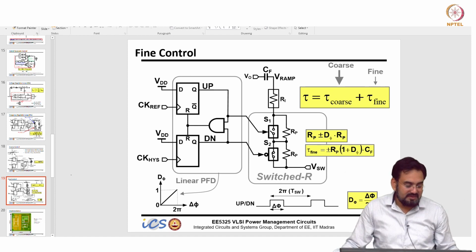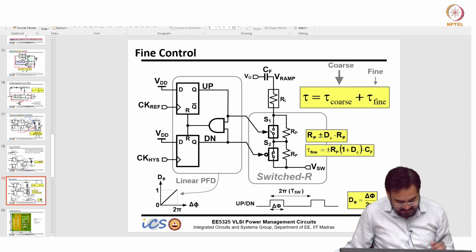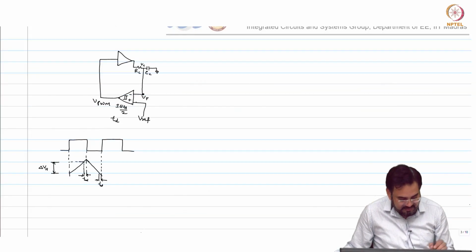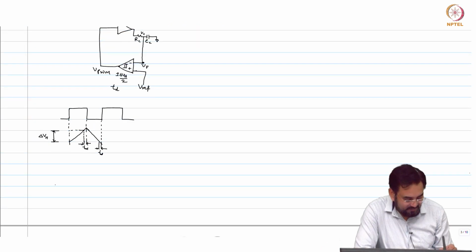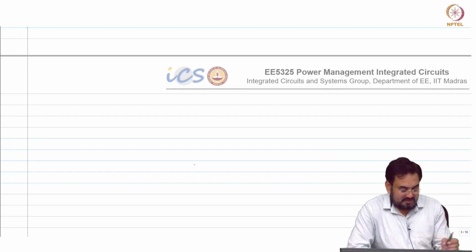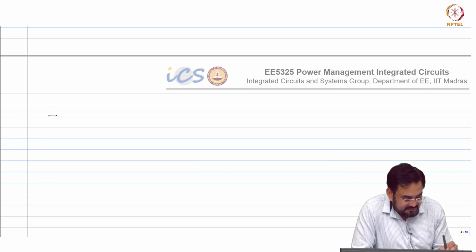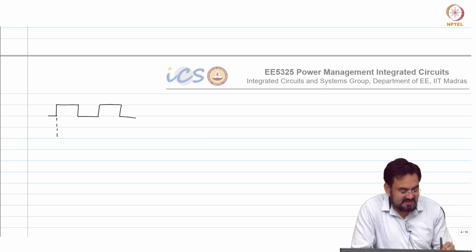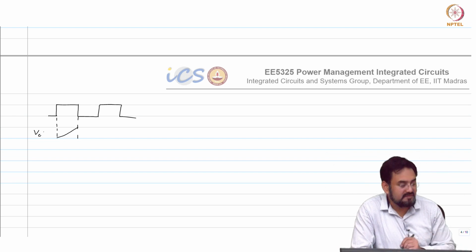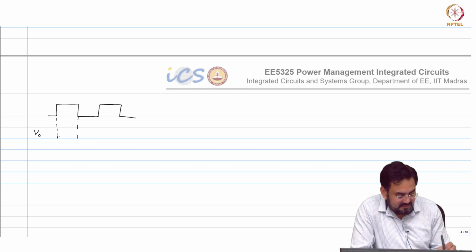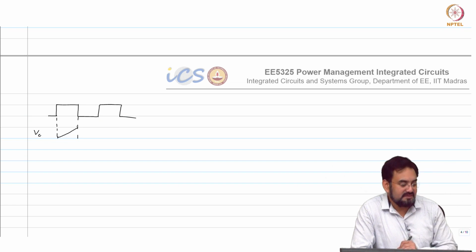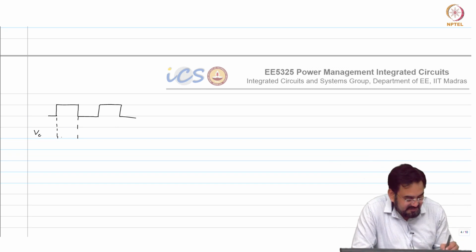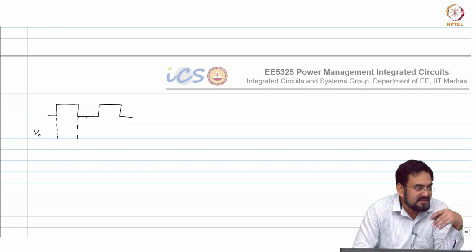correct. So, instead of looking like this perfectly linear, let us say this is my clock, and this is my VC, and it will charge like this, and this will be controlled by the RC time constant.